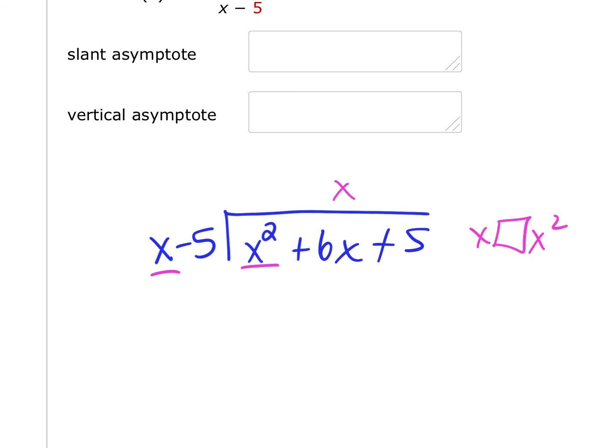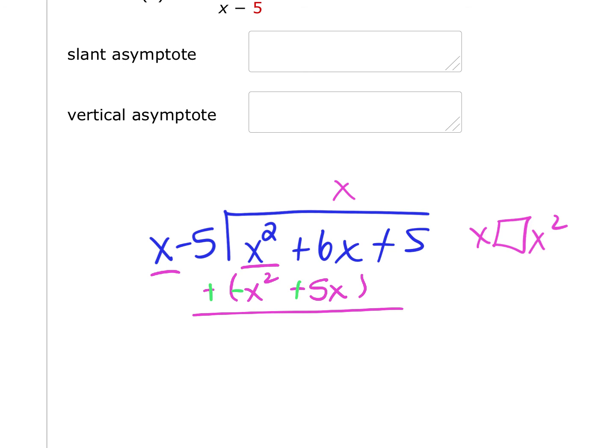X. Get your subtraction set up before you multiply. What is x times x? X squared. What is x times negative 5? Minus 5x. Before you subtract, what do you have to do? Distribute. Do you guys see?